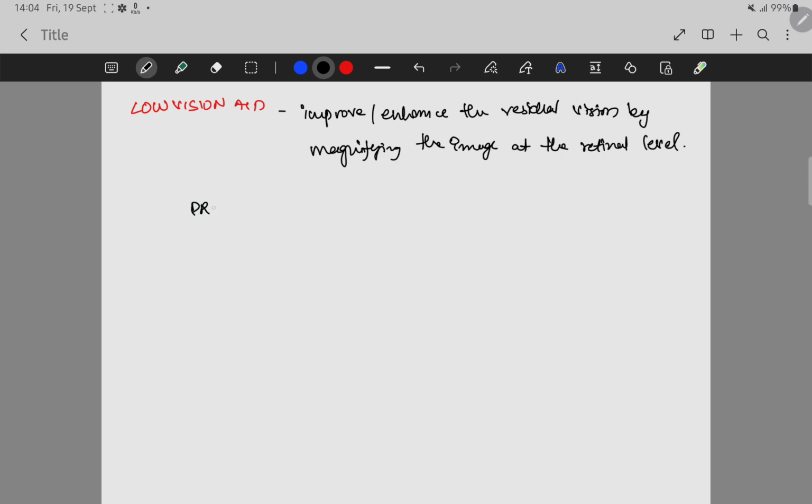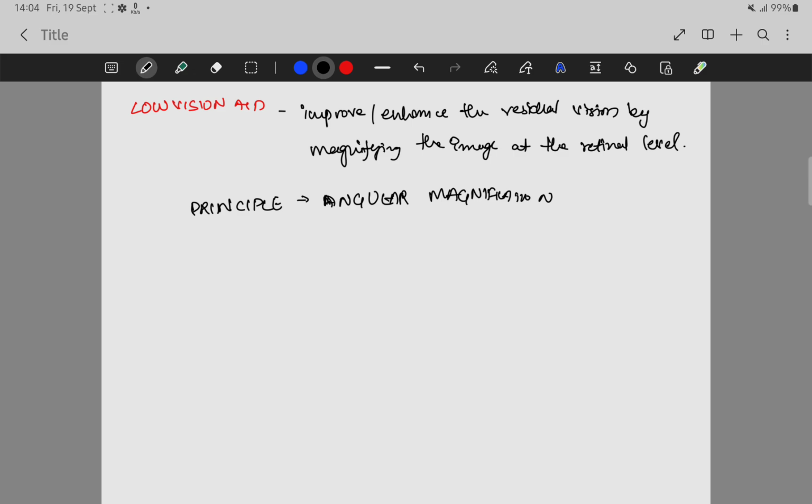Its principle is based on magnification or angular magnification. Because of this angular magnification, the normal retina surrounding the damaged retina can be used for vision.